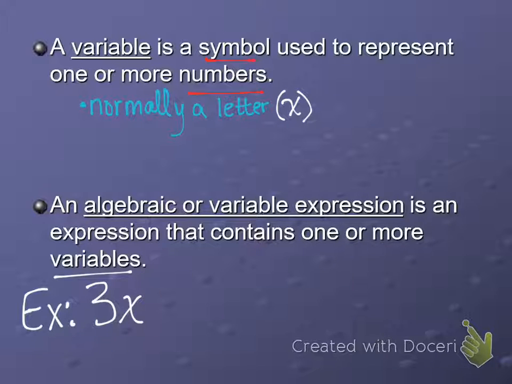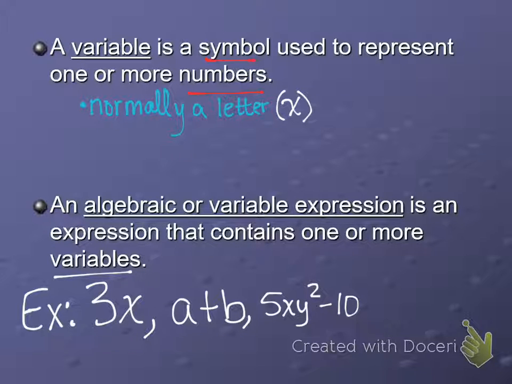Has a variable in it. Another example would be something like a plus b, multiple variables involved. You could have 5xy squared minus 10. Pretty much any sort of expression you see, regardless of how many terms and how many variables, those are all algebraic or variable expressions.